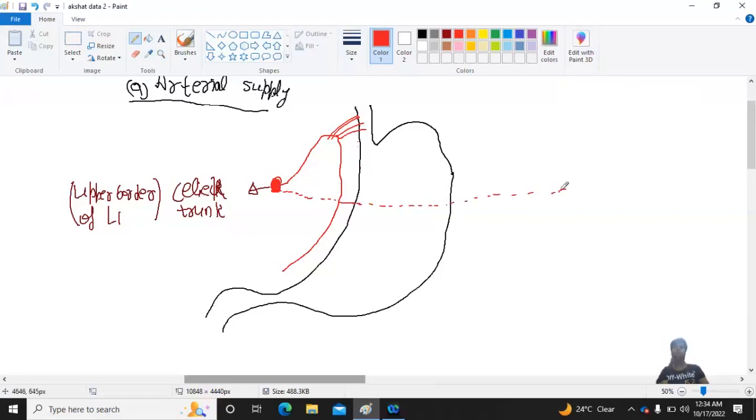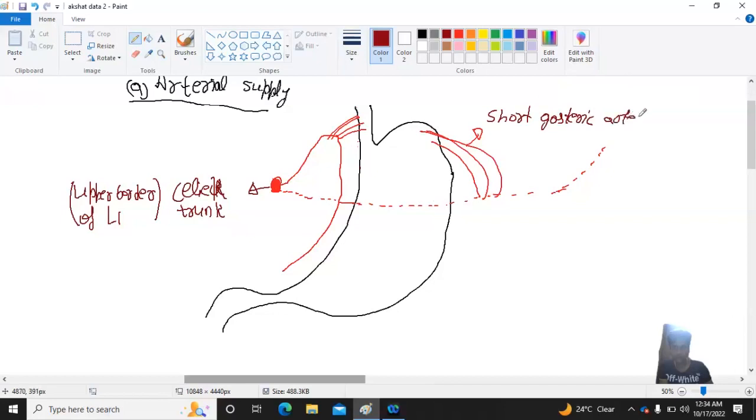Then it gives some branches to the fundus of the stomach, which are called short gastric arteries. And another branch given by this is the left gastroepiploic artery.